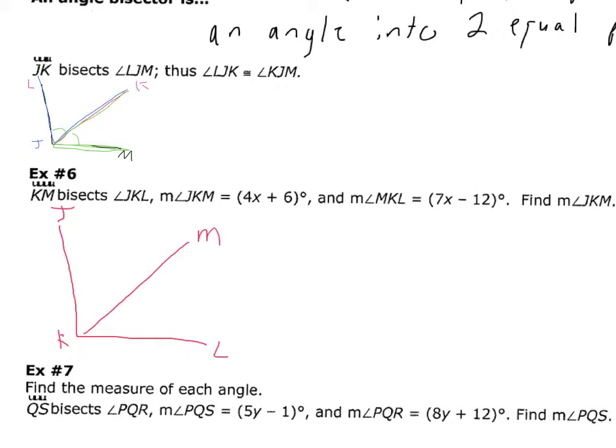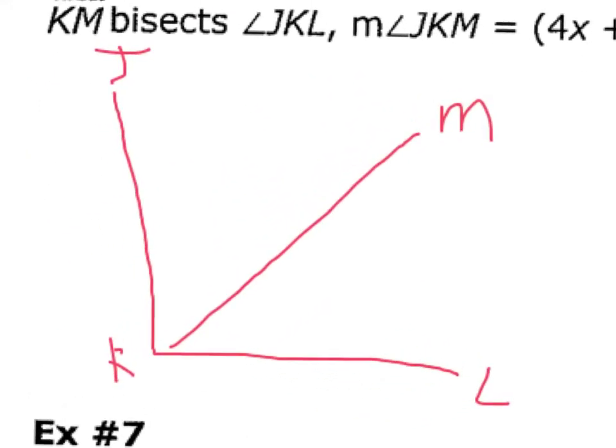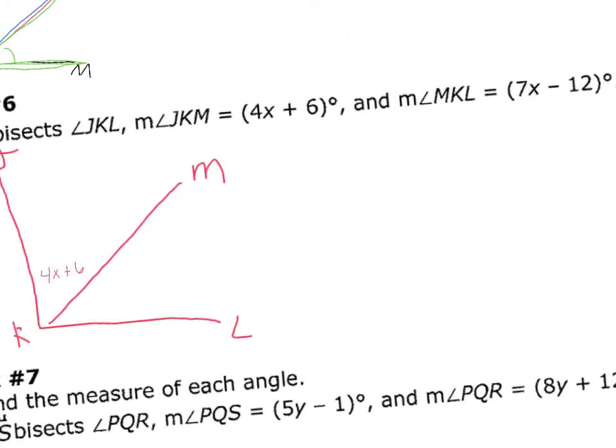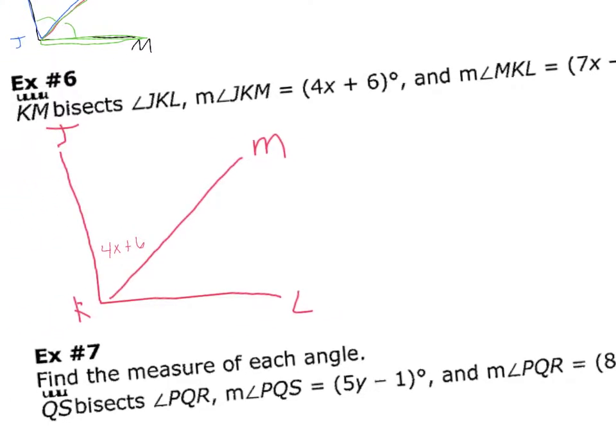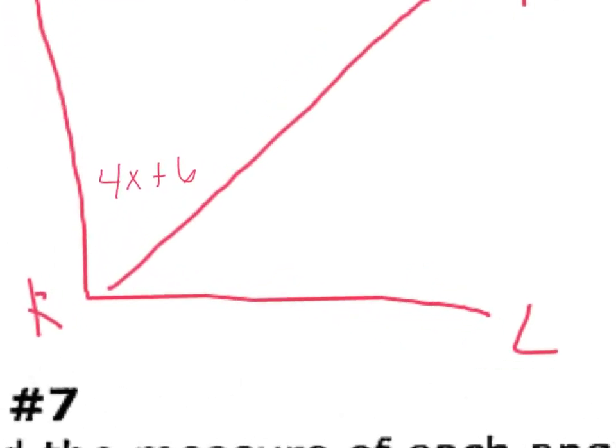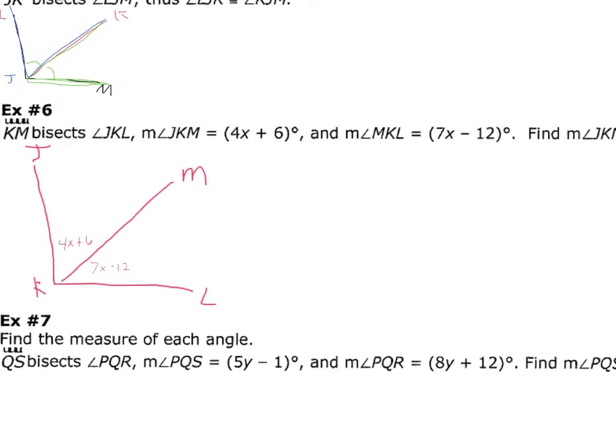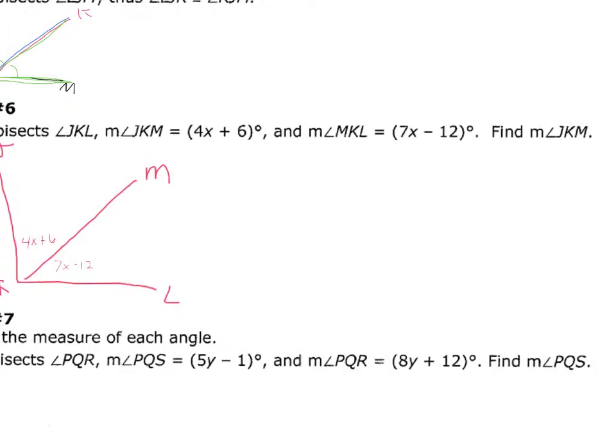Measure angle JKM is 4x plus 6. And measure angle MKL is 7x minus 12, excuse me. We want to find measure angle JKM.